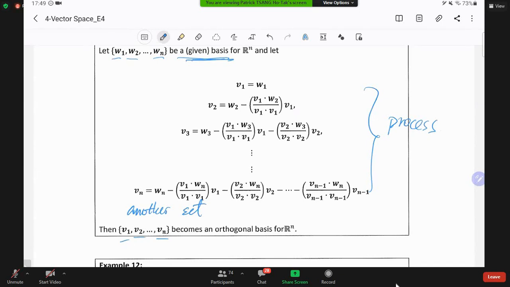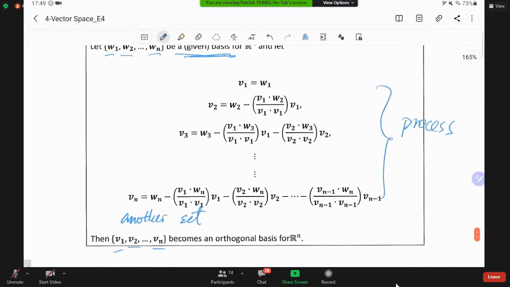But in the detail of the process, if you are interested, you may borrow some book or search online. Some authors or books may use some geometrical idea to illustrate how you get the following result. But of course, it will take some time to develop such an idea, so it is a little bit out of the scope of this course.